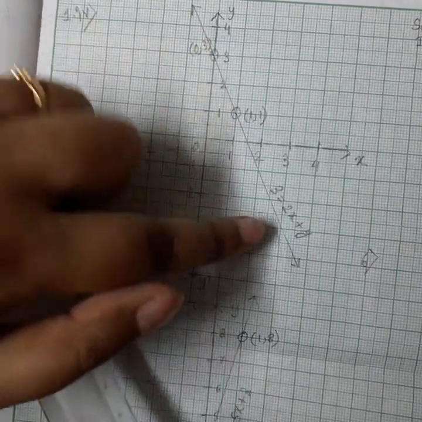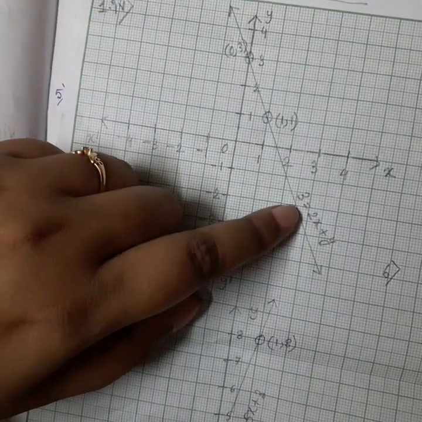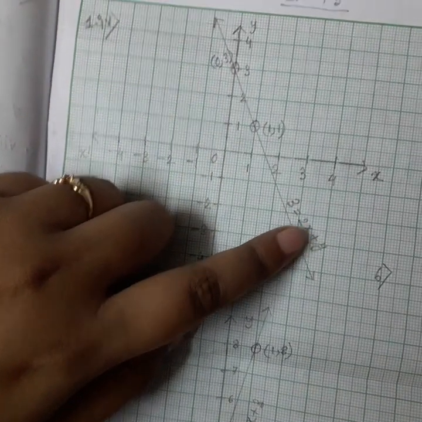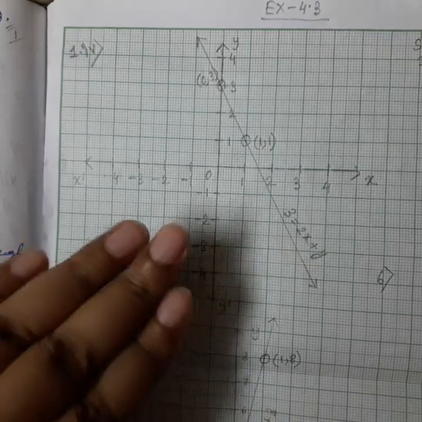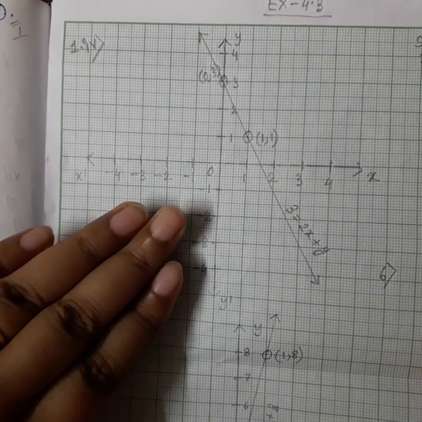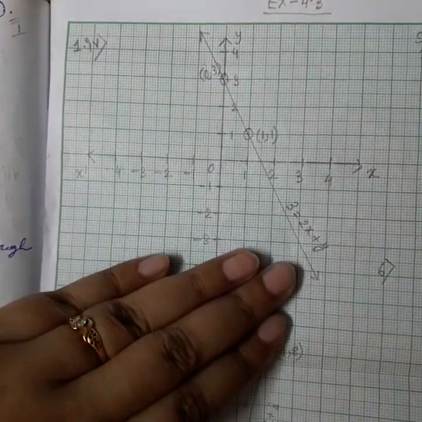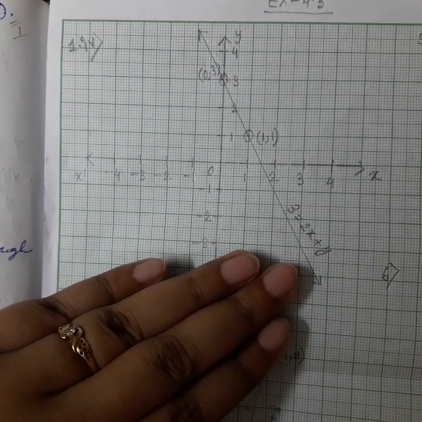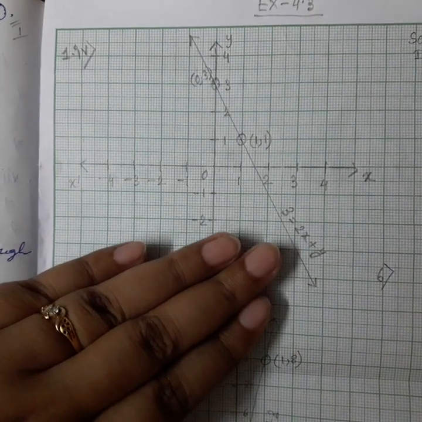This line, equation of this line will be 3 equal to 2x plus y, which is given in your question. So on that way you have to plot the points in graph and you have to make the equation. So this will be the graphical representation.